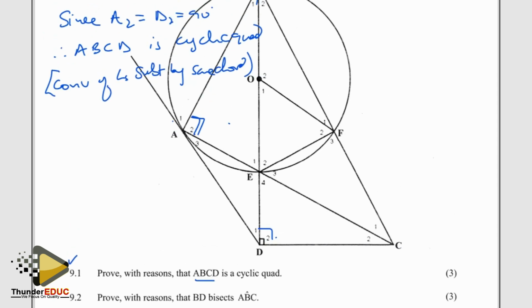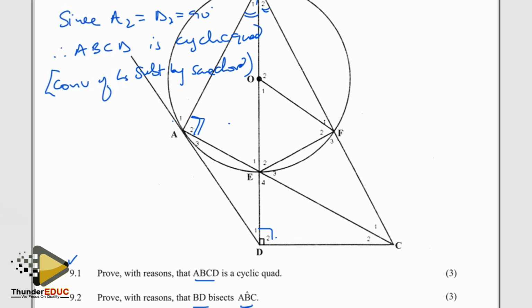9.2, we need to give reasons why AD bisects this angle B, ABC. So this angle must be the same as this angle, according to the statement. But what's going to be the reason?